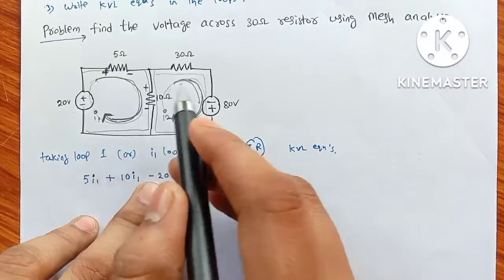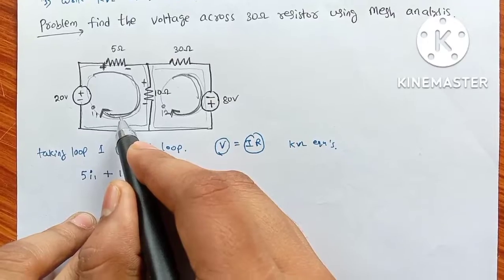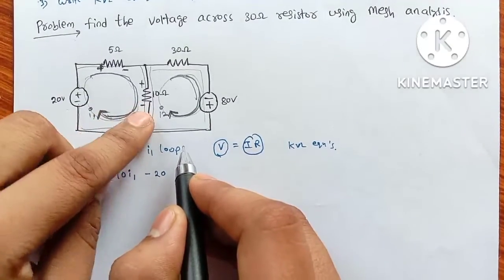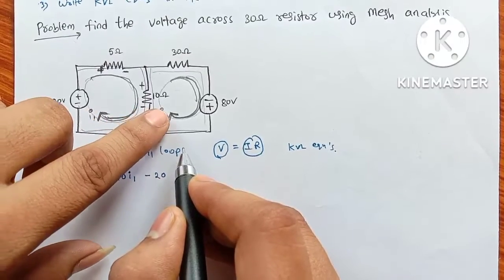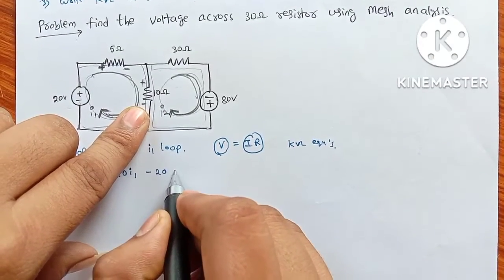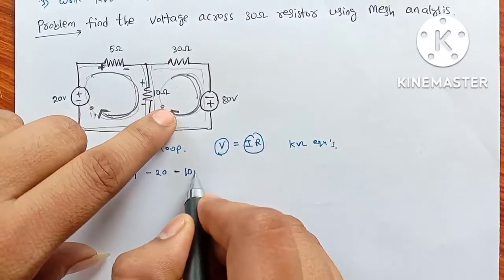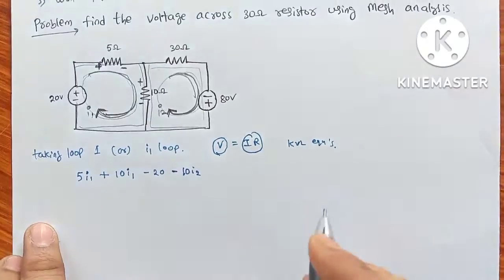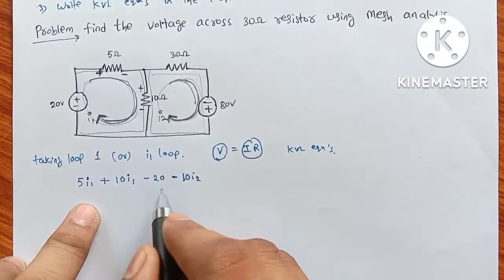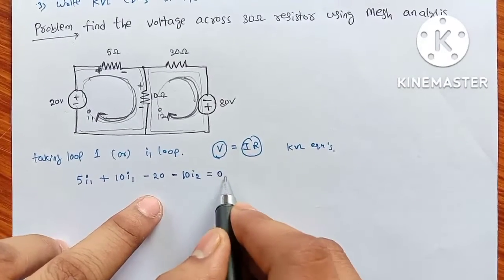Again, on loop 1, loop 2 is also affecting loop 1 in such a way that I2 passes through the negative terminal. So negative 10 ohms into I2. From KVL, the sum of voltages in a closed loop is equal to 0.